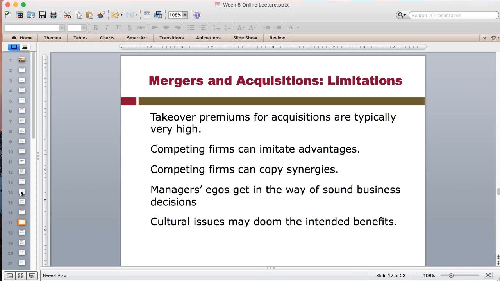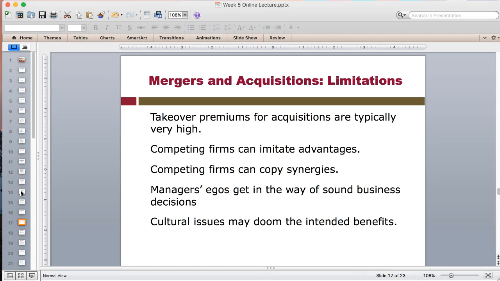A lot of limitations. There are the costs. You have to pay a lot to buy a good company. A lot of times managers' egos get in the way. And a lot of times, and you can read if you Google failed acquisitions, the companies just don't mesh.